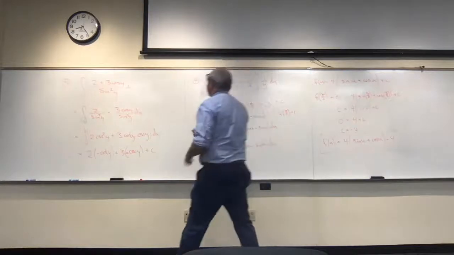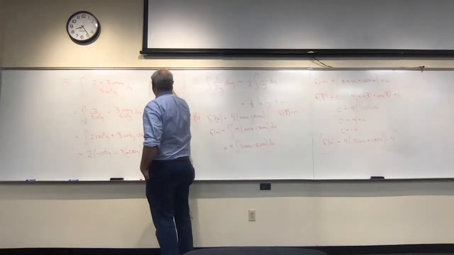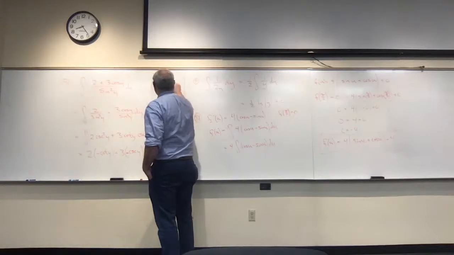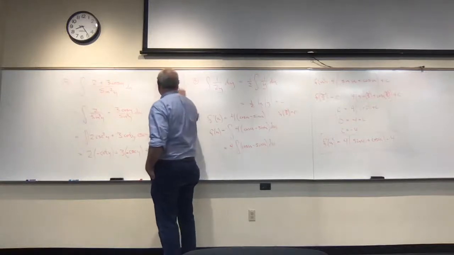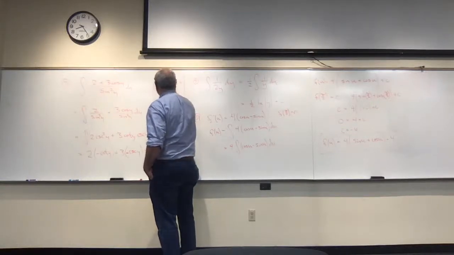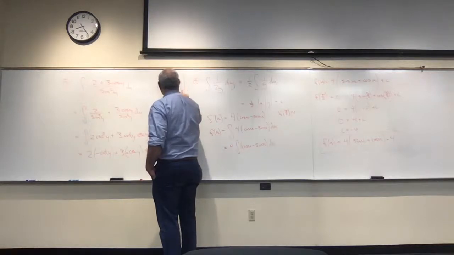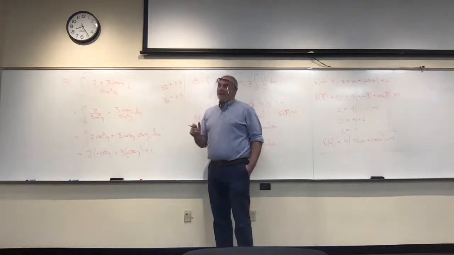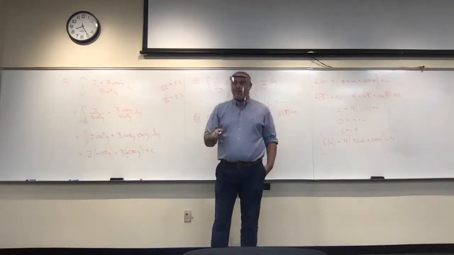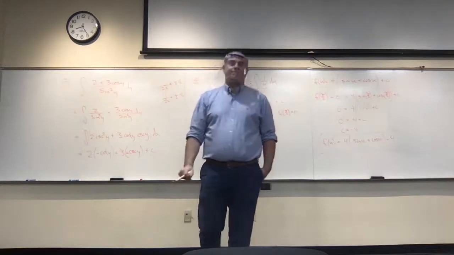I mean, if you have 1 over 2x, you would never really say that that's 2 times 1 over x. That's bad. It's 1 over 2x is equal to 1/2 times 1 over x. So you pull it out as a 1/2, not as a 2. You just have to be careful on that.